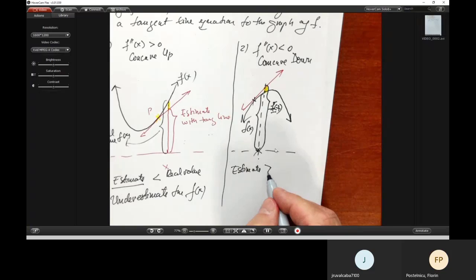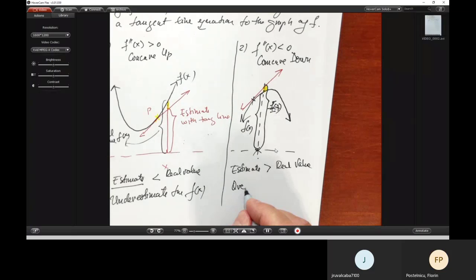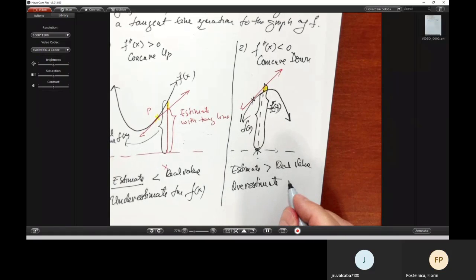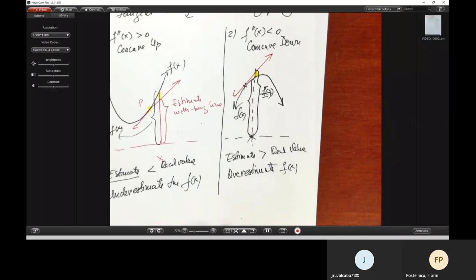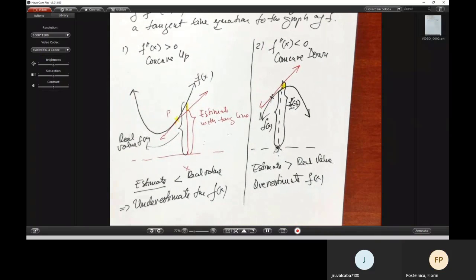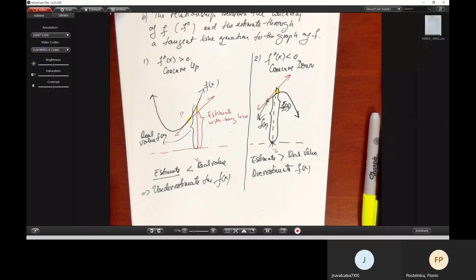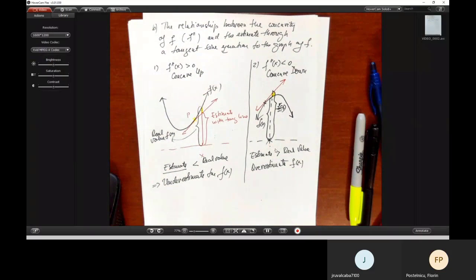Notice also that in this second situation, the tangent line is always above the graph. So any estimate will always be higher than the real value of the function. Compare those two, and I think now we can move to try to solve the problem.